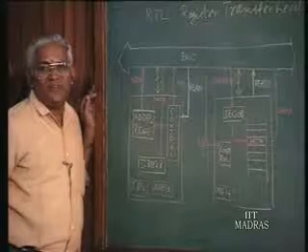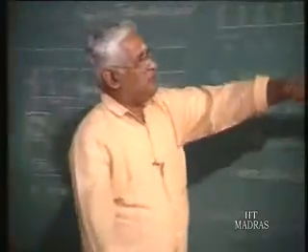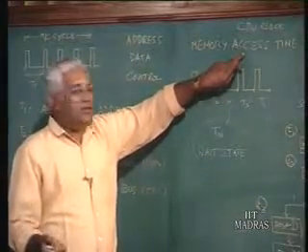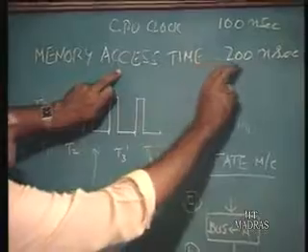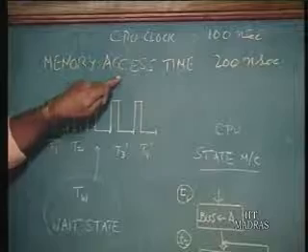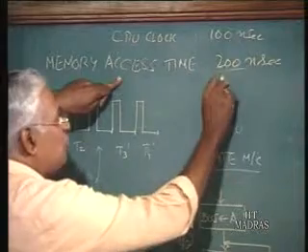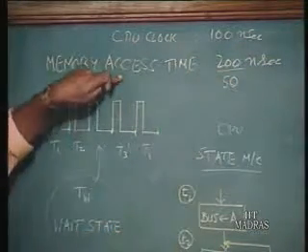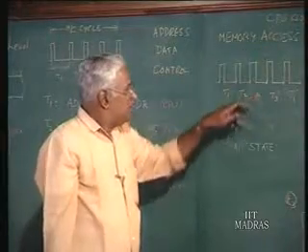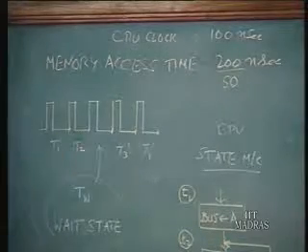The designer obviously, he chooses, right? He knows that the CPU clock is 100 nanoseconds and memory needs 200 nanoseconds. Whenever the CPU demands, memory is going to respond after a delay of 200 nanoseconds. So the designer knows. Instead, if he had chosen a memory with 50 nanoseconds access time, absolutely no problem, right? Even during part of T2 itself, the data would have been available.